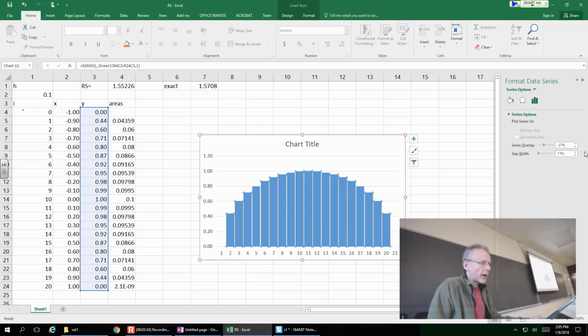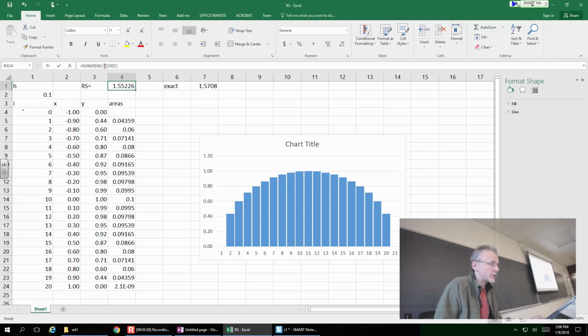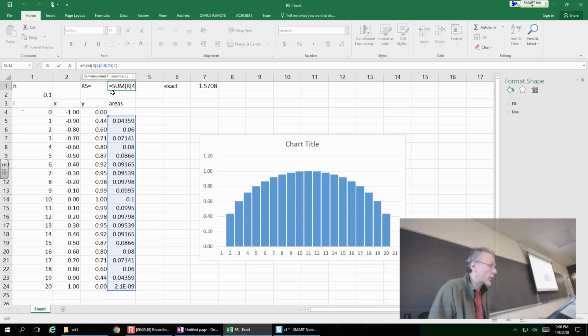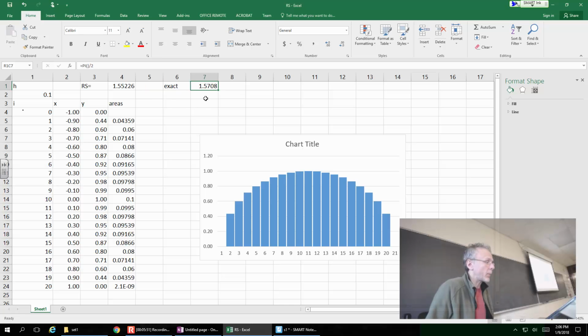Okay, so these areas have been computed, and finally the Riemann sum is over here, computed with the operation which is coincidentally called the sum. It is the sum of the areas, and the answer is very close to the exact value, which is pi over 2.